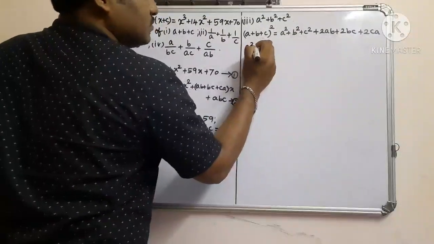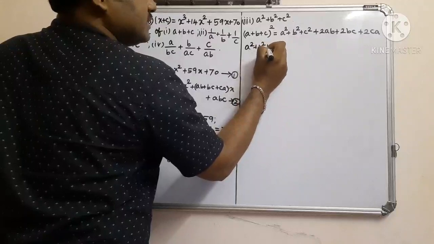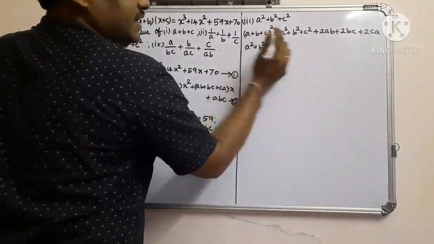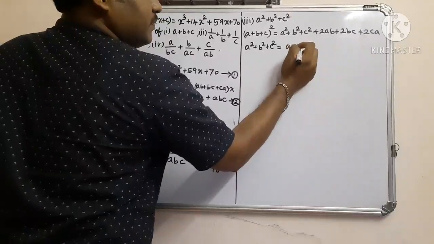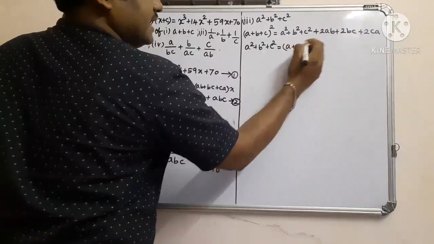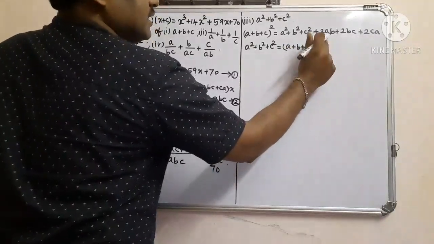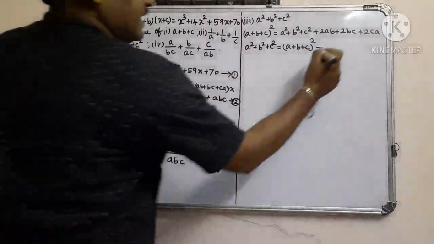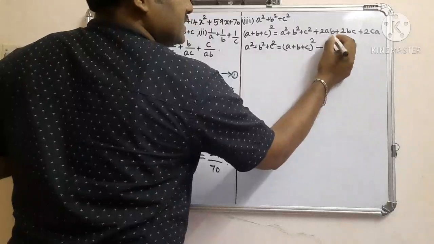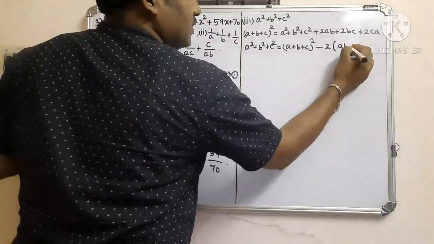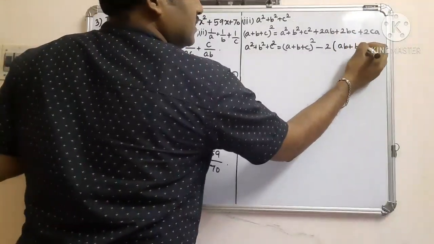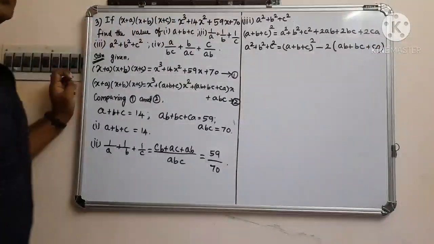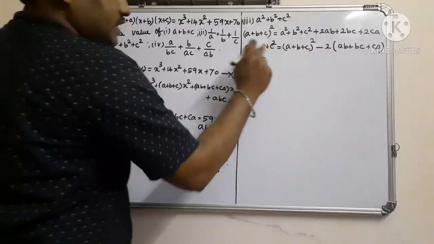So a square plus b square plus c square is equal to (a + b + c) whole square minus, here 2 is a common number, so we take 2 as common, minus (ab + bc + ca). Clear?